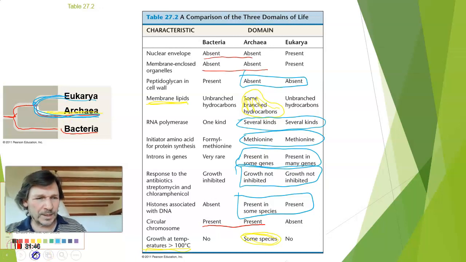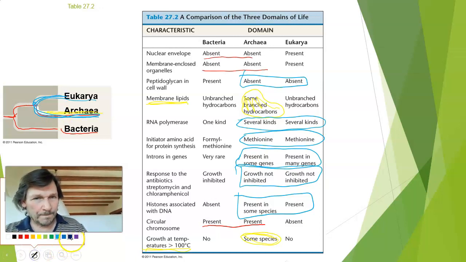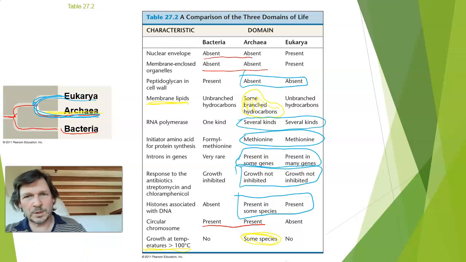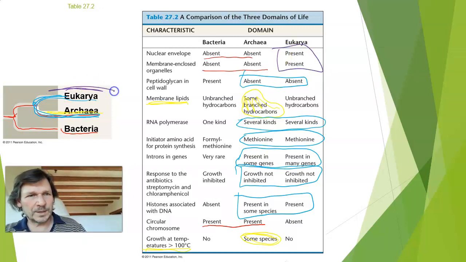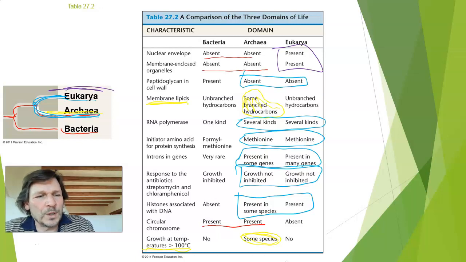And then, of course, in the end, what haven't I used? Purple. We have things that are new to the eukaryotes since they branched off from the archaea. So looking at it, the things in blue tell us that the archaea are more closely related to eukaryotes than they are to the other prokaryotes, the bacteria.